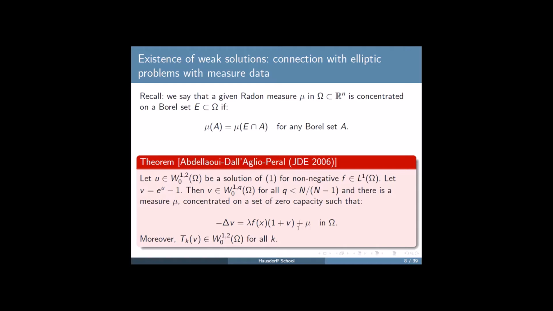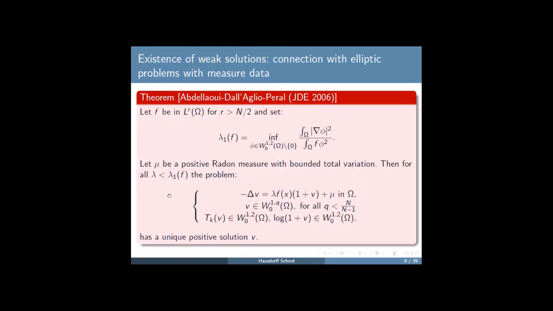So in the beginning, I said that at least formally, if you take this transformation of the solution u, then you get this equation without the measure. So this is the right result. And indeed, the solution v has this regularity: the truncation of v lies in the right space for all k.